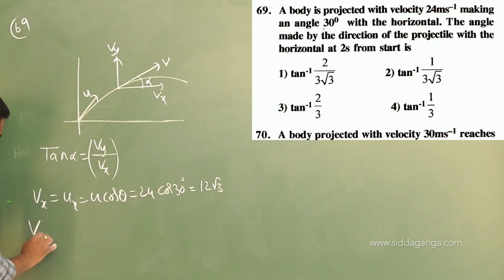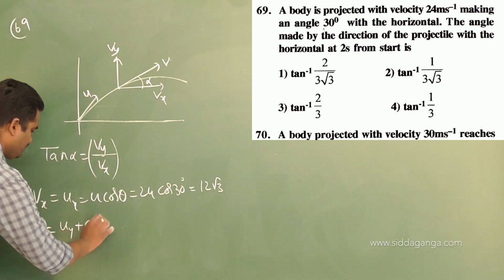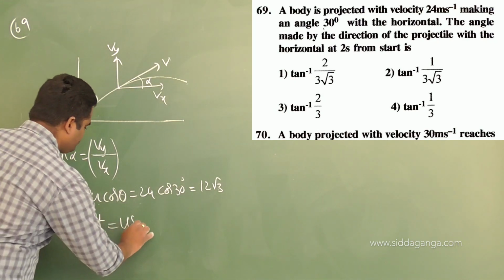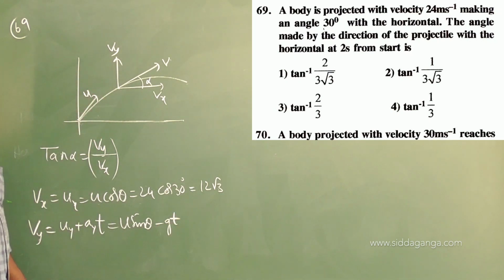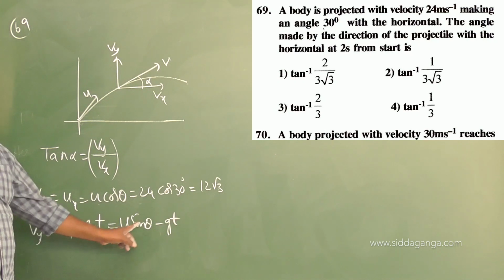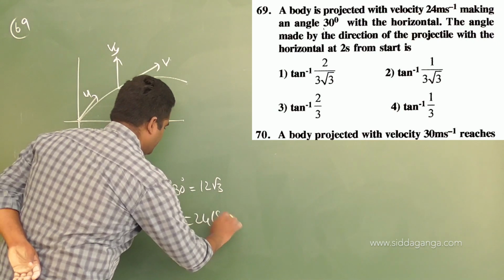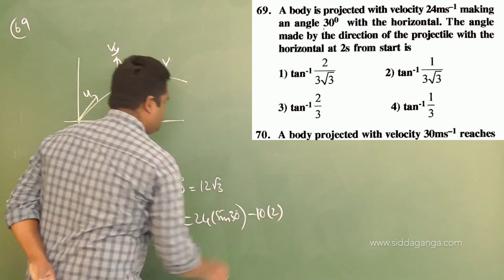How to find Vy after a time of t seconds? Vy equals Uy plus Ay into t is the formula. Uy is u sin theta, so this is u sin theta minus gt. U is 24 into sin 30, and g is 10 if I take it, t is 2.